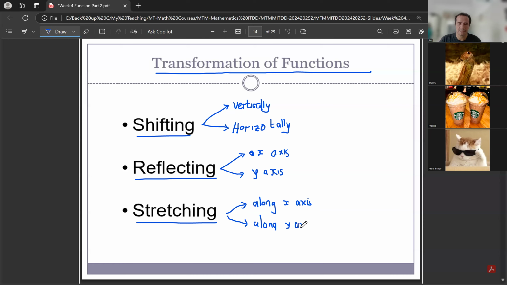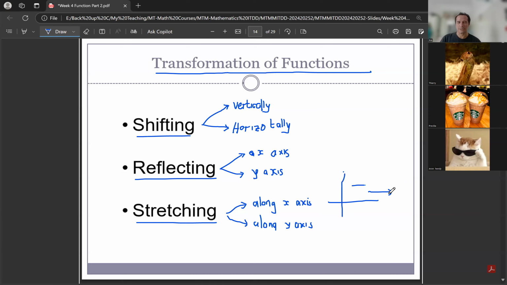Sepanjang sumbu x. Stretching along the x-axis means that the direction of stretching is to the left or to the right.